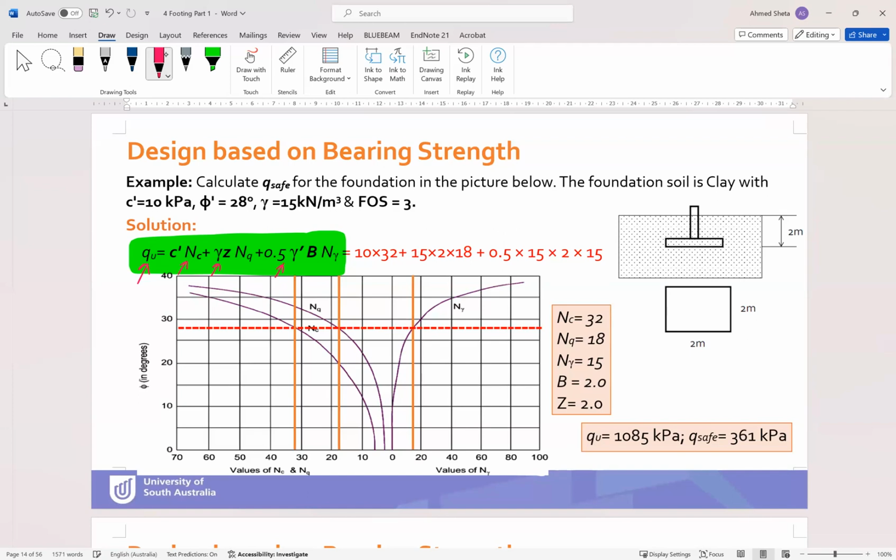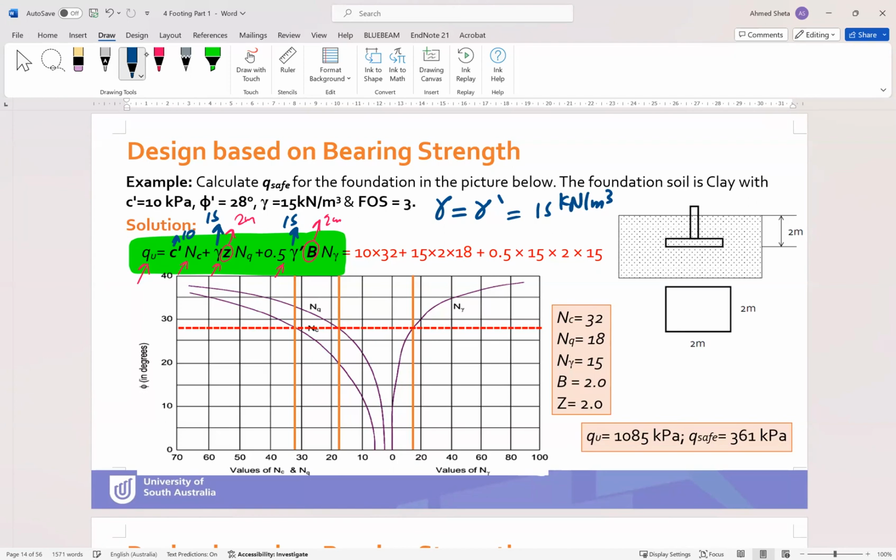So we know Z equal to 2 meters, B equal to 2 meters. Okay, and also we got c equal to 10 kPa, gamma is 15 kilonewton per cubic meter, and because there is no water, gamma equal to gamma' equal to 15 kilonewton per cubic meter.